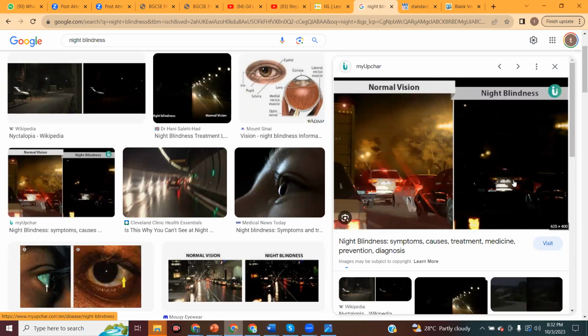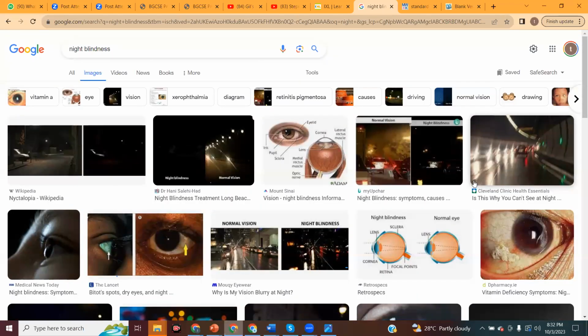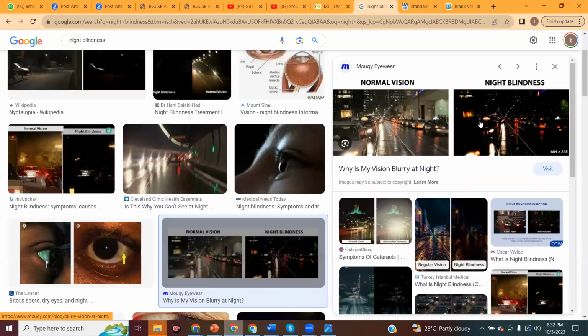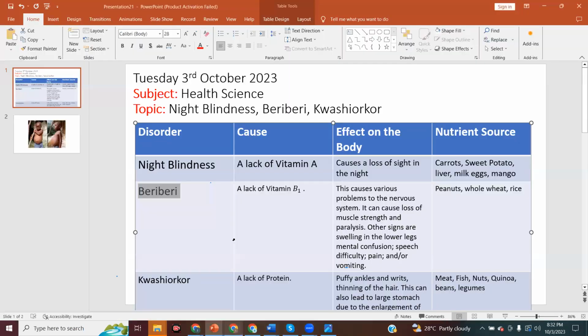All right. So what if they just turn on the light on their car? They still can't see anything? They could see a little, but as you can see, it's not as clear. I feel bad for the people who party and have night blindness. This is night blindness, and this is clear vision. Some people, when they have it, don't even realize.